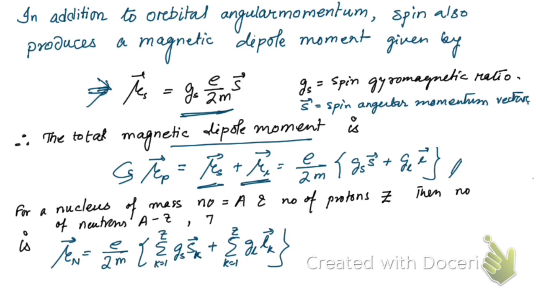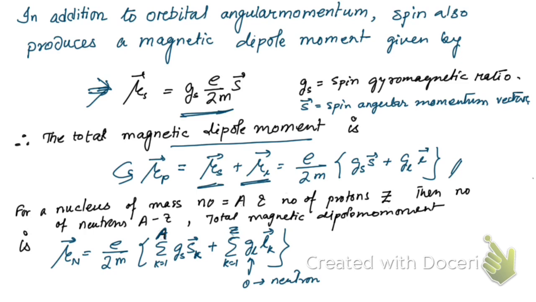The total magnetic dipole moment. Okay, then we have to change here. Sorry, this is correct. This is Z, and this is supposed to be A, because you see, let me tell you something. This Gl is 0 for neutron.